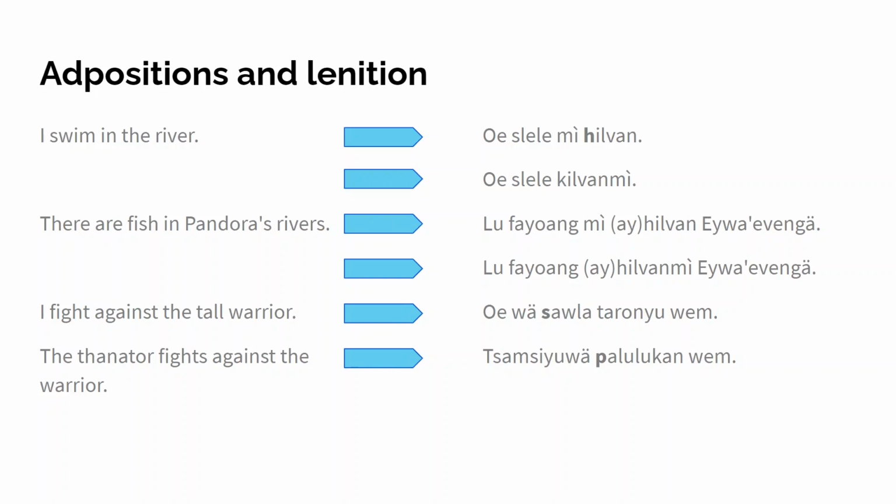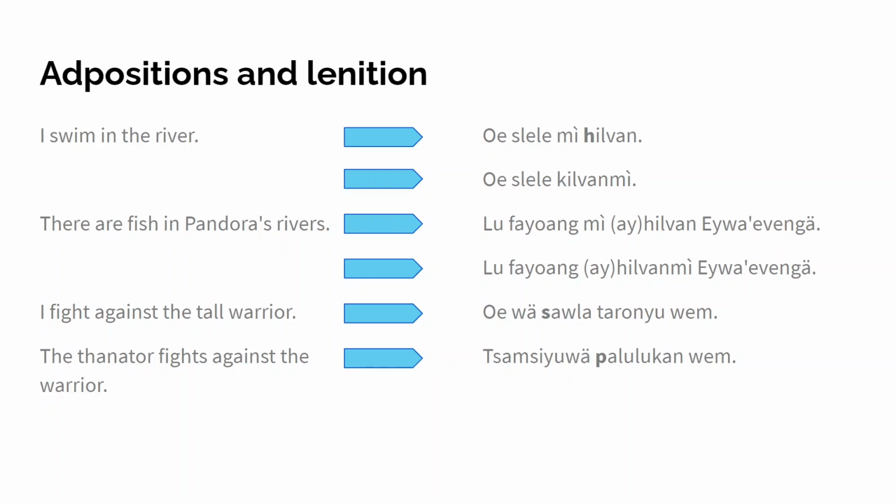Oe we saula taranyuwem. What you see here is that saula comes from tsaula. Tsaul means tall. So what happened here is that, like we learned, an adjective goes between the adposition and the noun if the adposition is in front. So now the we actually is in front of an adjective, and it still causes lenition.